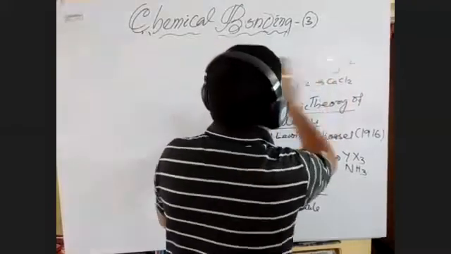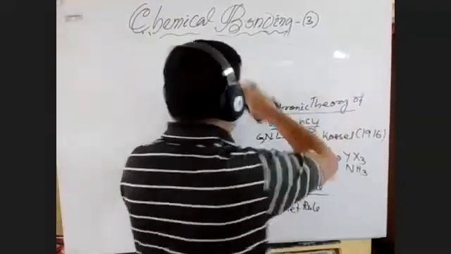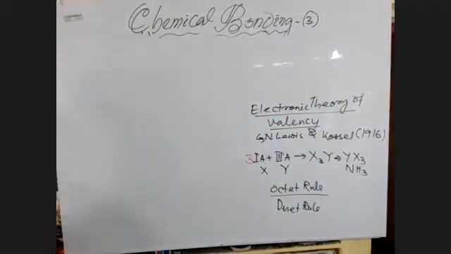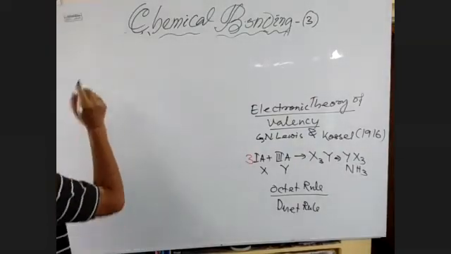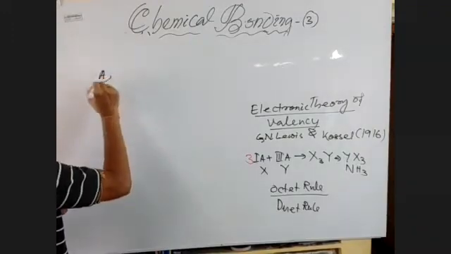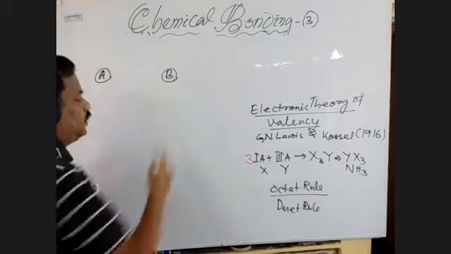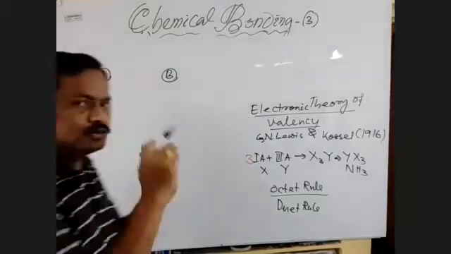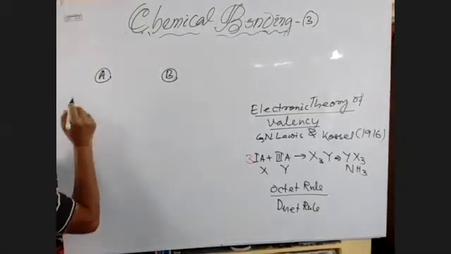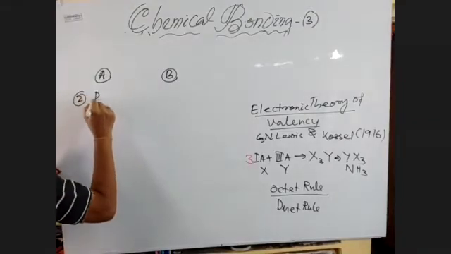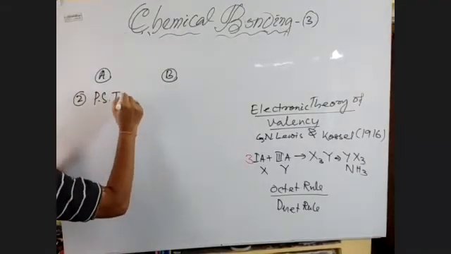Suppose one student is A, and another student is B. So there are two students. Student A has two physical science textbooks.